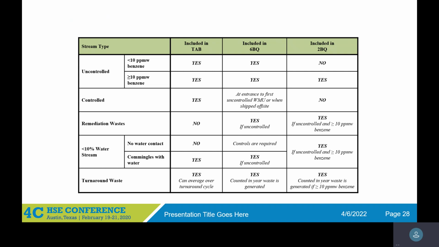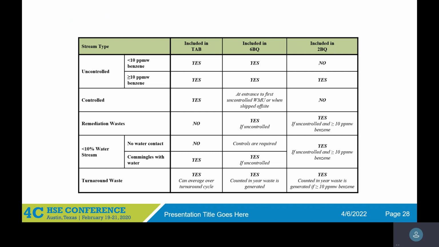Yes. So the 6BQ and 2BQ are uncontrolled waste. The tab is controlled and uncontrolled. So this number will be really high because you will have everything that you are controlling, and everything that you don't have control of. The tab only cares if it's a waste stream. It's greater than 10% water, put it in. Now these guys have different things. First of all, they have to be uncontrolled, right?